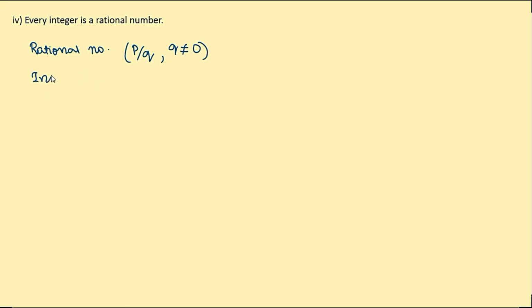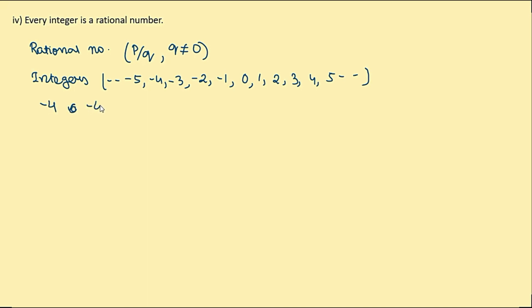So integers, the set of integers are suppose from -5, -4, -3, -2, -1, 0, 1, 2, 3, 4, 5 till infinity. Okay, so if you pick any integer, so -4, so -4 can be represented as -4 by 1, or 3 is a positive integer, 3 can be represented as 3 by 1. So you can say that integers are rational numbers.